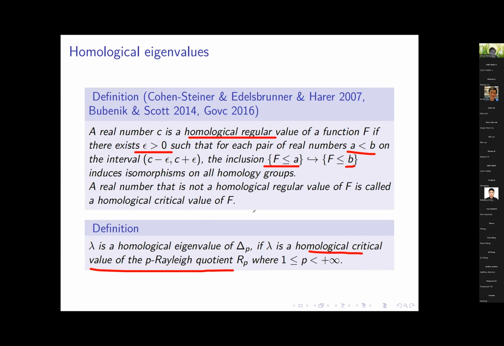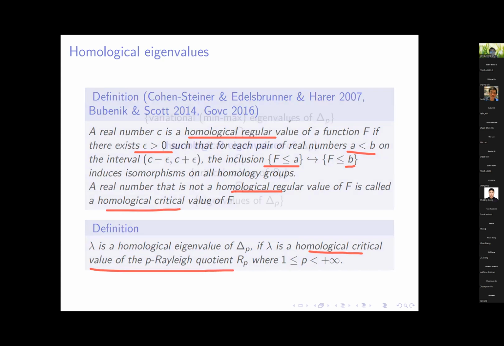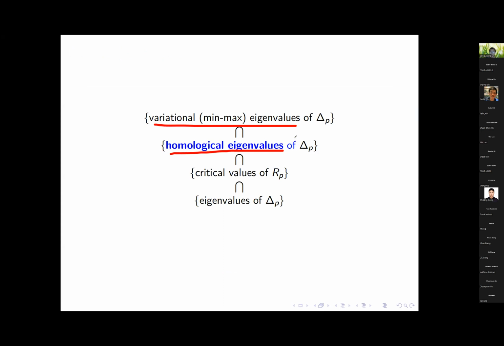A real number that is not homological regular is called homological critical. Okay, we can prove that all variational eigenvalues of the p-Laplacian are homological eigenvalues of the p-Laplacian, and they are critical values of the p-Rayleigh quotient, and they are all included in the spectrum of the p-Laplacian.